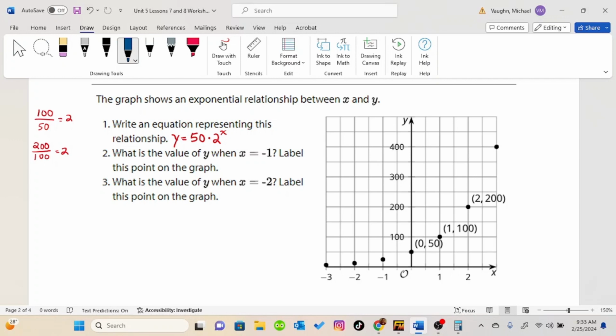So instead of multiplying by 2, we would divide by 2. So now, when x is -1, we would have the point -1, and then 50 divided by 2 is 25. So the point is -1, 25.